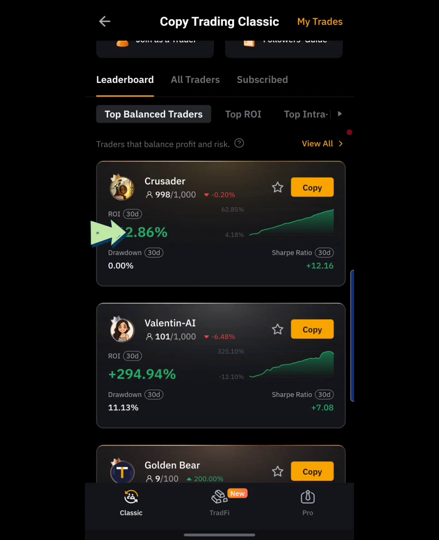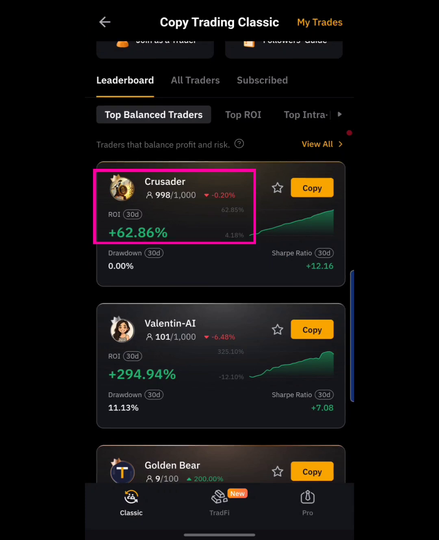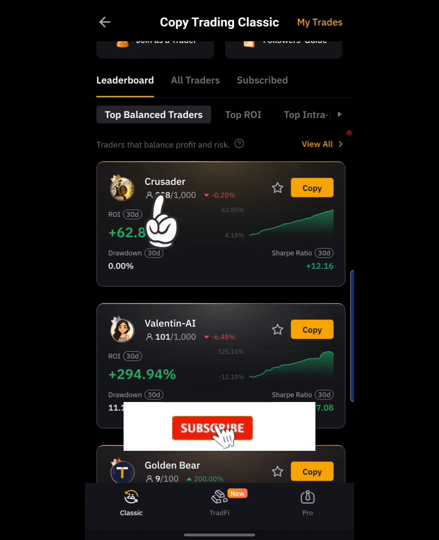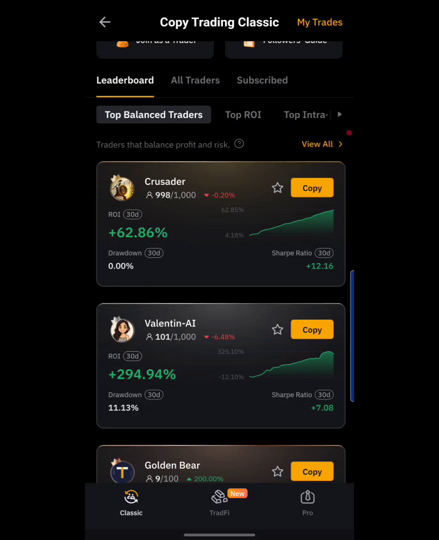It's 62.86%, and the Sharpe ratio here is 12.16% within 30 days. This means that this trader called Crusader has been in profit for the past 30 days with no loss. And as you can see, about 998 persons are currently following this trader. So if you decide to copy this trader right now, you're going to be in profit, guys. That is basically what I'm talking about.